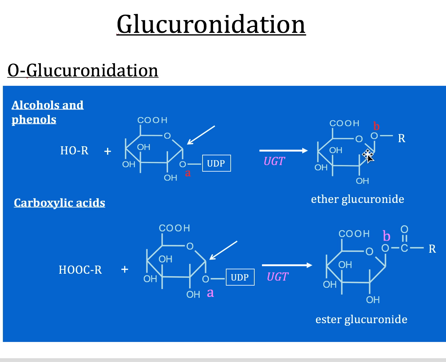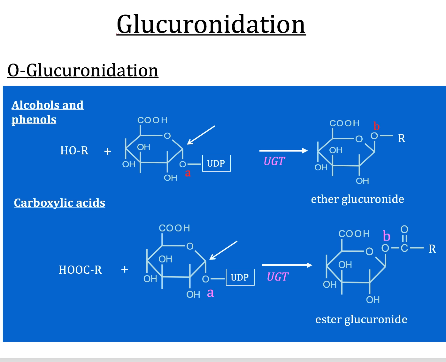This is ether, because there isn't a carbon double bond O, but this is ester due to the fact that there is a carbon double bond O right there. Ester is formed from carboxylic acid and alcohol, but in this case, it's ether. So you need to know that the product of alcohol and phenol is ether, whereas carboxylic acid is ester.